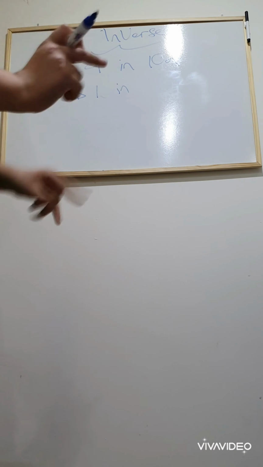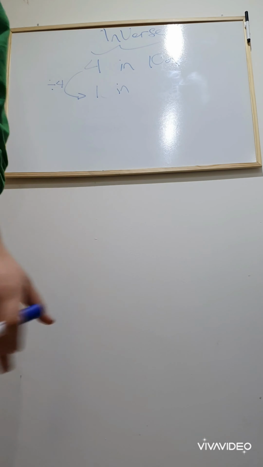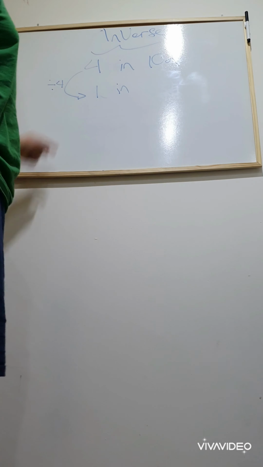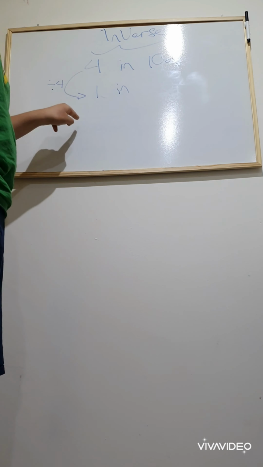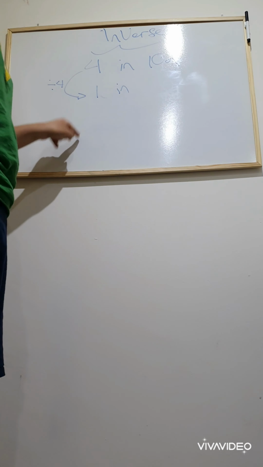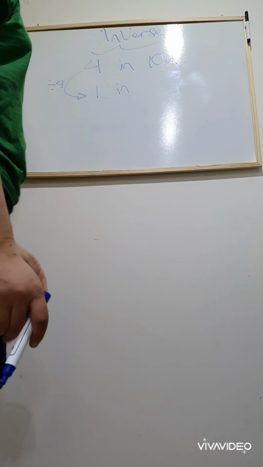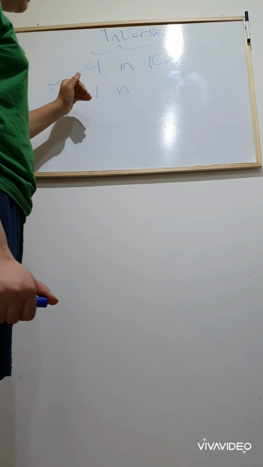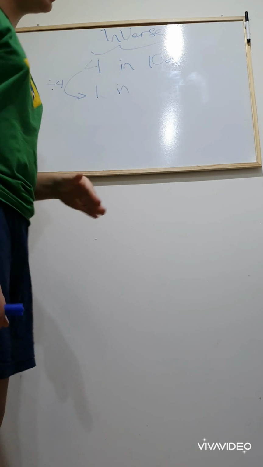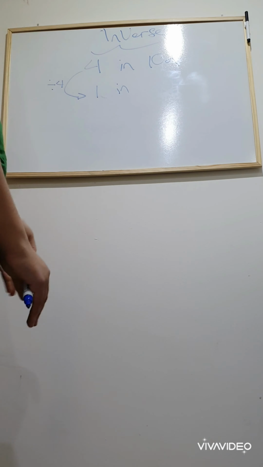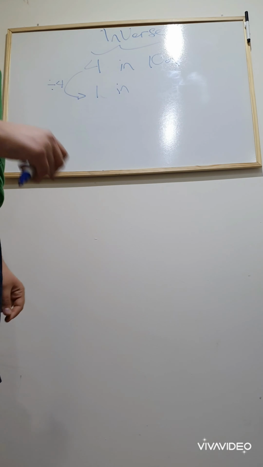But this is why it's an inverse proportion. Think about it. If you only have one person, how could it take you 10 days? When 4 people take 10 days and you're dividing the number of people, that means it will take longer because there's fewer people to do it. That is where the inverse proportion is.